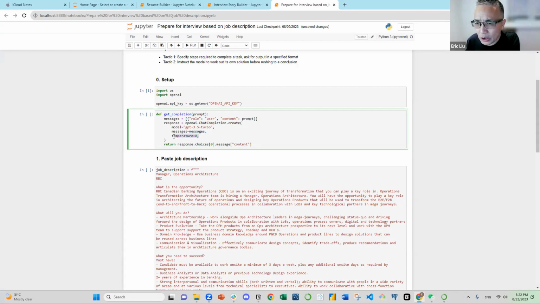So what is the temperature? Temperature is the degree of randomness. So if I were to speak English, the value is between 0 and 1. And the extreme of 0 means I am very, very clear on what I want. Not random, be very, very unique.